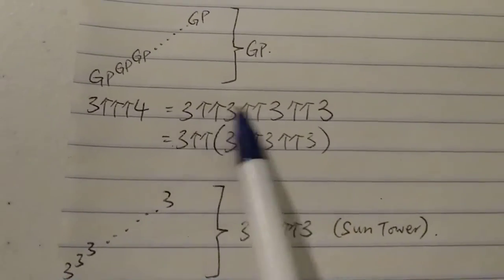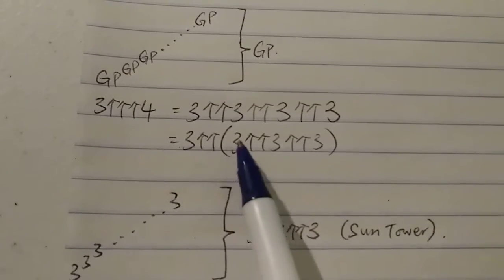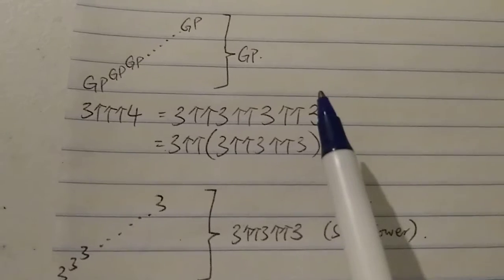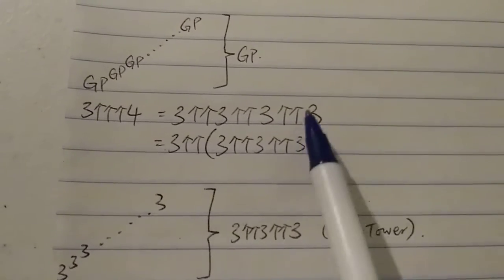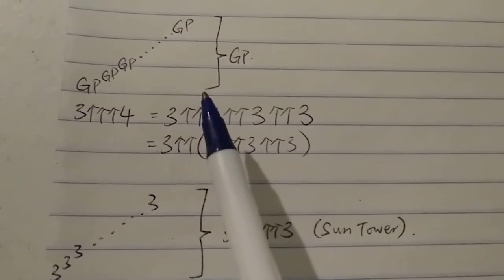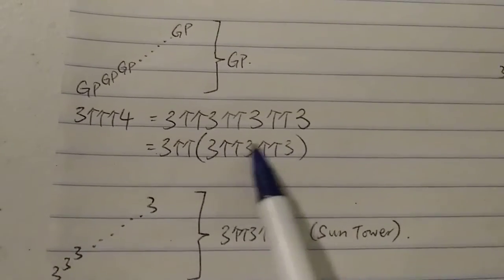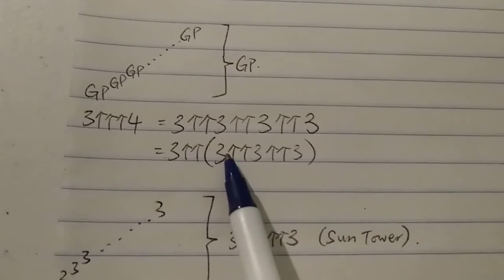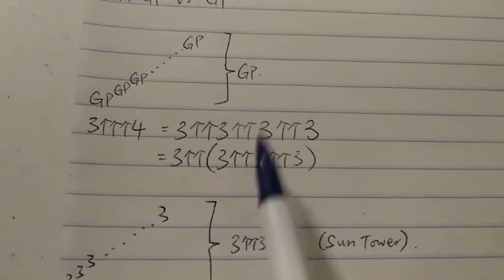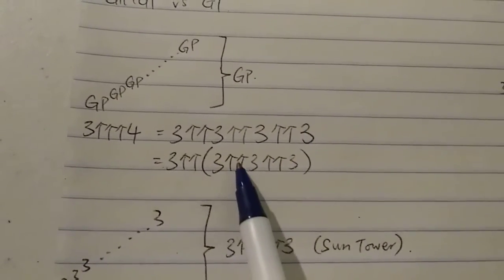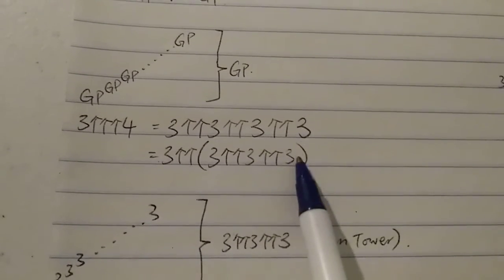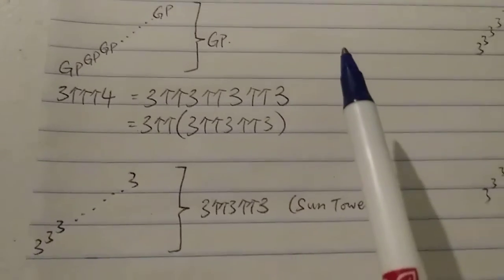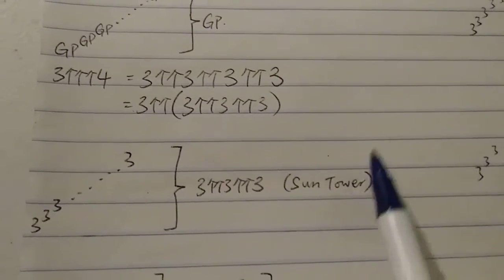So what does this mean? This means 3 double arrow of 3 double arrow 3 double arrow 3, because to calculate this you have to start from the right and go to the left. So you work on this part first. That means 3 double arrow of this thing, and you know that 3 double arrow 3 double arrow 3 is just equal to 3 triple arrow 3, also known as the sun tower.